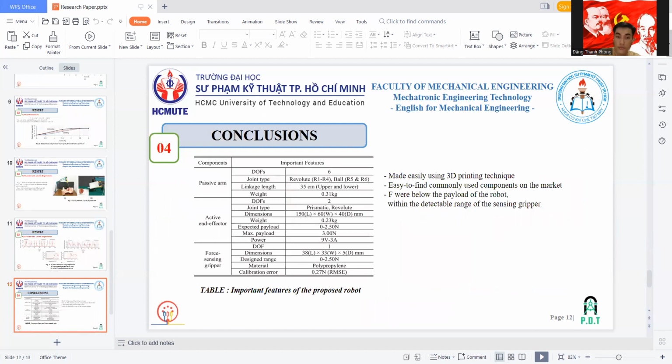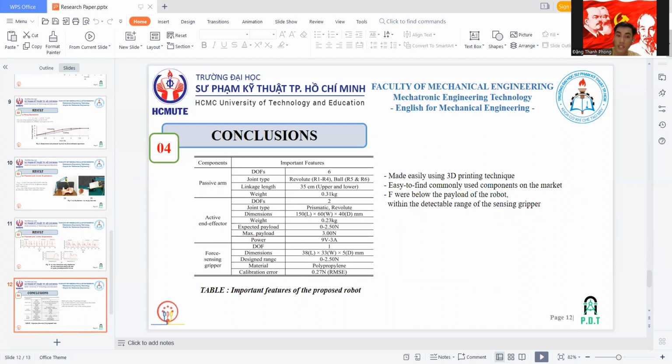Conclusion. Finally, conclusion. The robot can be made easily using 3D printer techniques together with other commonly used components on the market.